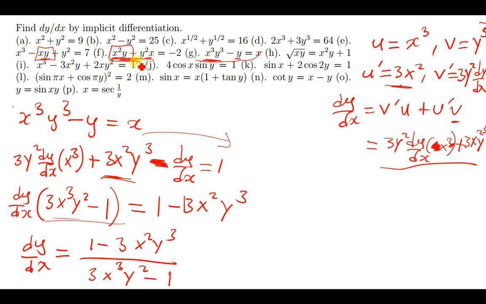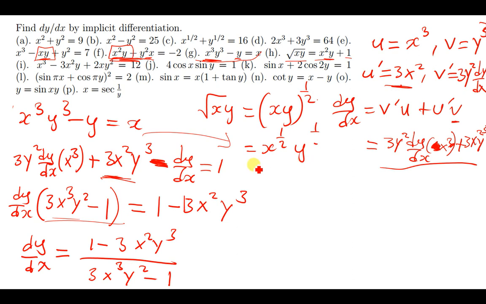If you want, you can solve it on a separate paper, then send the solution on WhatsApp. So even this one is straightforward, because this part is straightforward, this one is straightforward. The only tricky part is this one, but you know the square root of xy is simply equal to xy, everything in brackets, raised to the power half, which can further be distributed as x to the power half and y to the power half, and then you differentiate this.